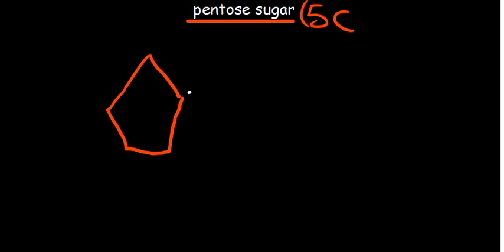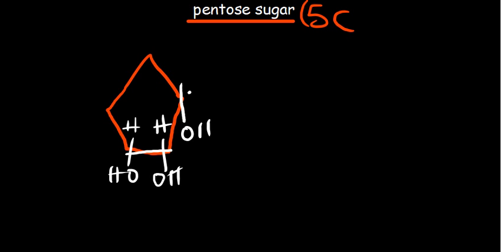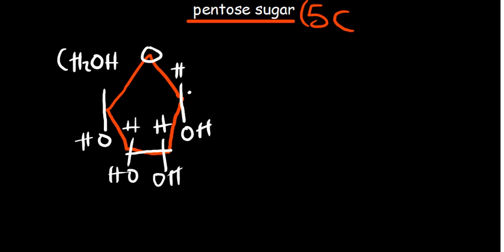The structure is that there's a hydrogen there, a hydrogen there, a hydroxide there, also a hydroxide there, and at that point a hydroxide and a hydrogen. We have CH2OH with also a hydroxide down there. Then at that point there is oxygen. So that is the basic form of a pentose sugar in this case.